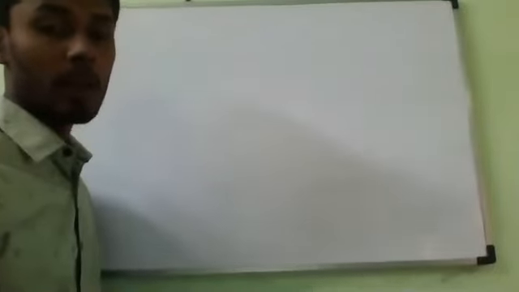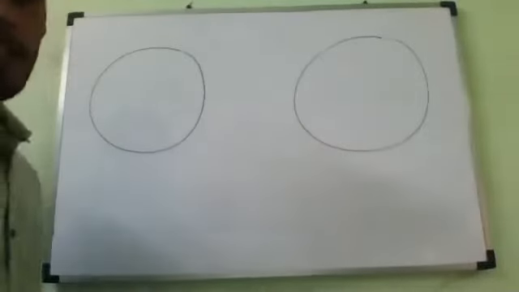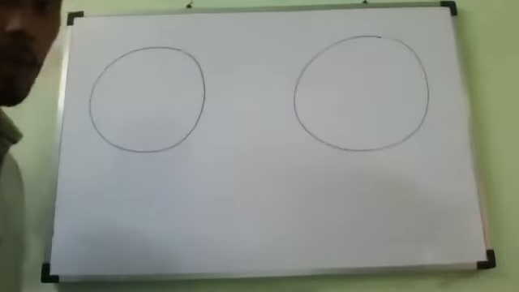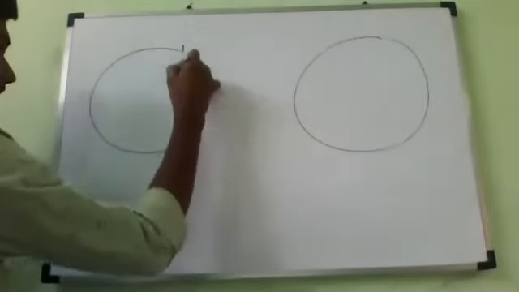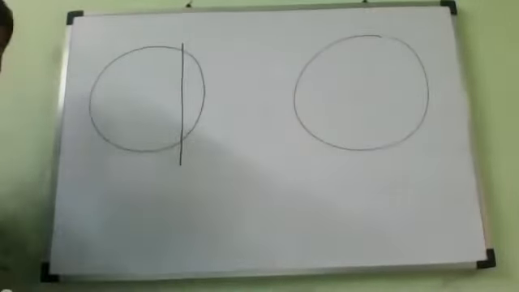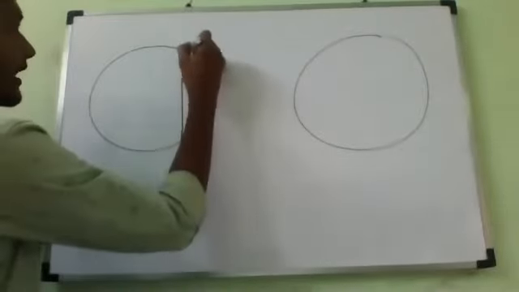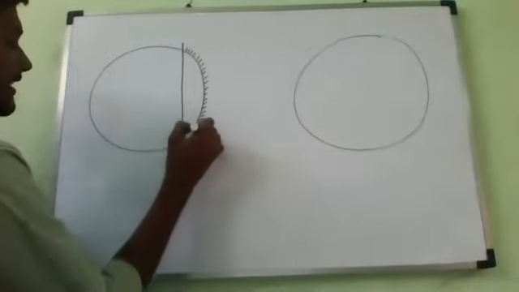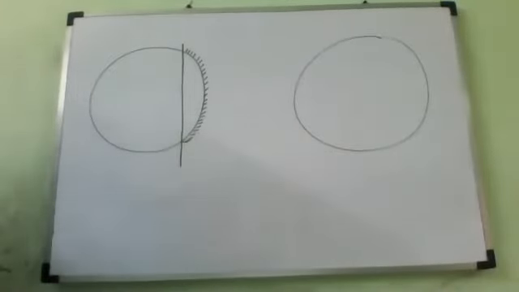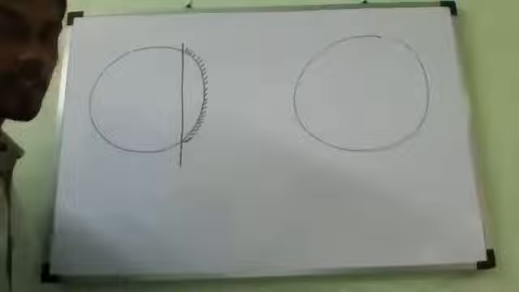For example, let me take two hollow spheres of glass. This is one hollow sphere of glass and this is another. Now, if I slice this part and coat it with oblique lines, oblique lines mean a non-reflecting surface.